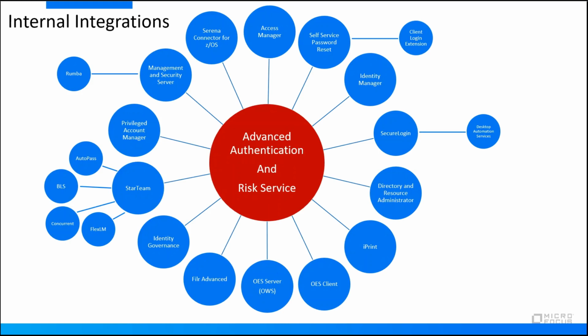If you're a current user of other Micro Focus technologies or plan on purchasing any of the solutions that you can see on this slide, you can immediately leverage adaptive authentication for your security. Whether you're doing an application development project with StarTeam, or if you have identity governance or identity and access management, or perhaps you're a privileged account manager user, we can provide that two-factor authentication, reducing your risk with simple integration.